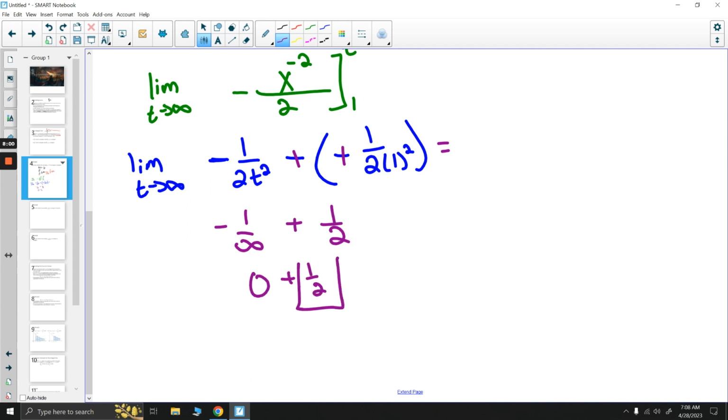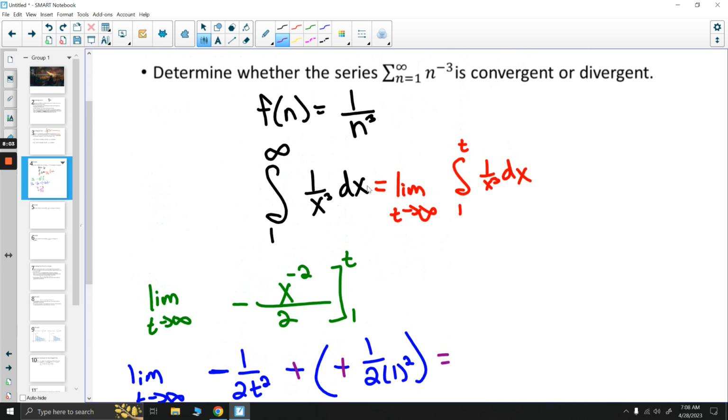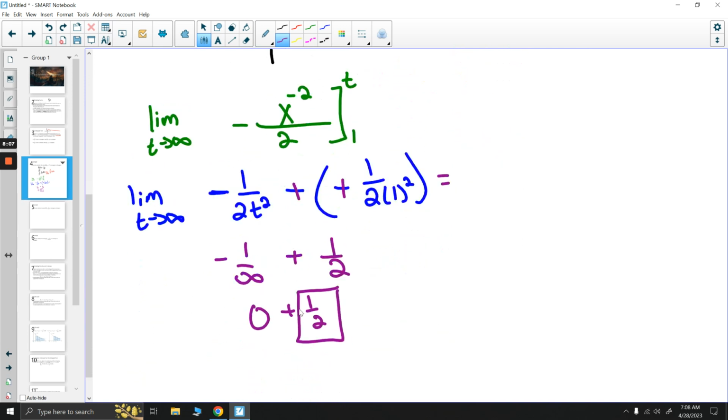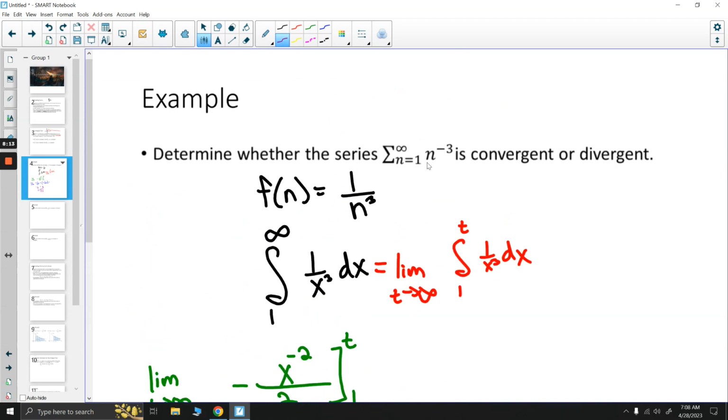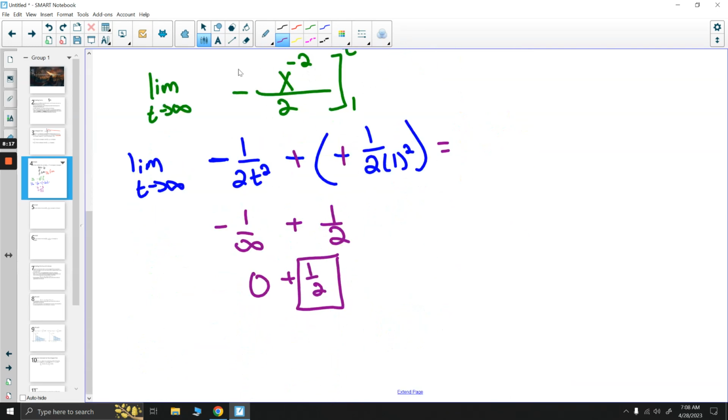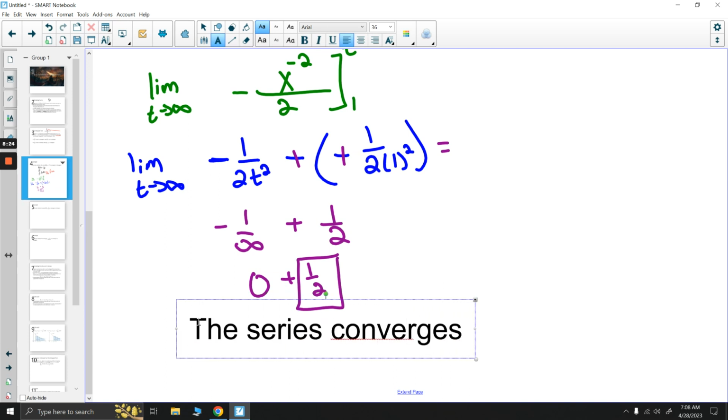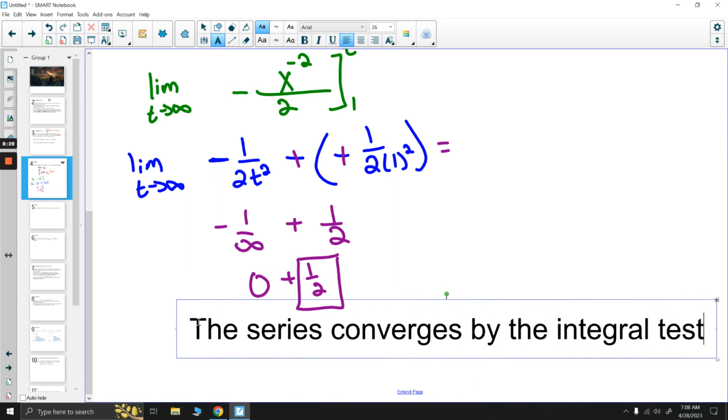So that means that this improper integral here converges to 1/2. So because it converges, then the series converges. So our series is convergent by the integral test. That's what we would say: the series converges by the integral test.